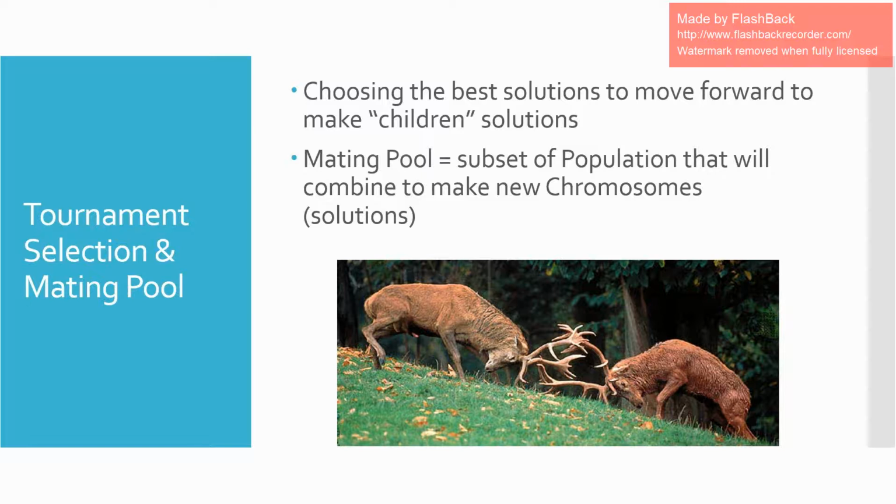The best solution advances to the mating pool, where solutions will combine to make new children solutions. In the tournament selection, repeats are allowed. What this means is that the same solution could show up more than once in the mating pool if it were randomly chosen more than once and it had the best evaluation score each time. The resulting mating pool from the tournament is the same size as the initial population, so 1,000 solutions in total.